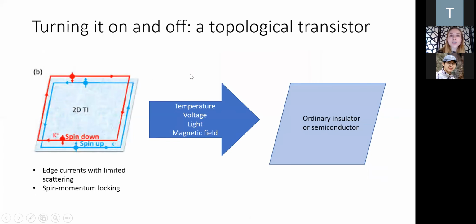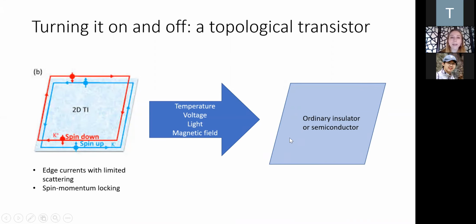All right, so another approach is that one can turn off the edge states. So you have an edge current that has limited scattering and spin momentum locking. Let's say this is your on state, and then you can use temperature, voltage, light, or magnetic field, depending on the material, to switch that into an ordinary insulator or semiconductor.